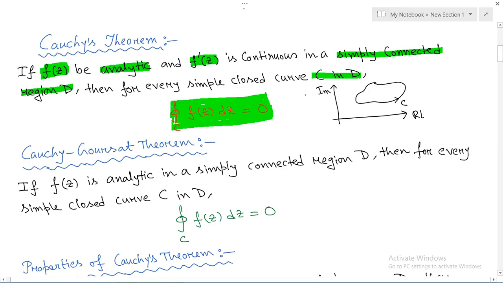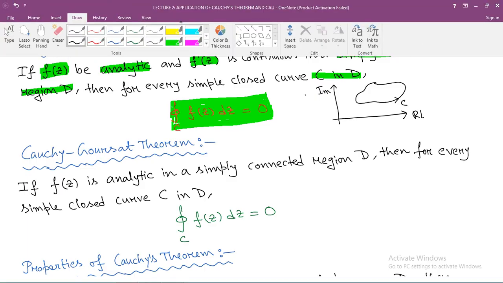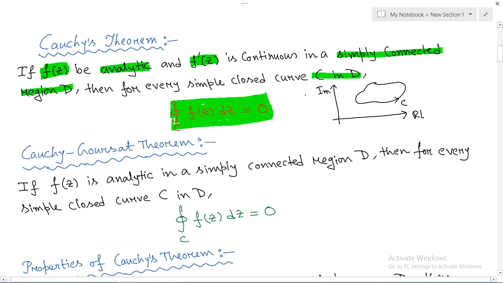In this region, the function f of z is analytic, and along with that the function f dash z is continuous within this region which is enclosed by the simple closed curve C. So the integration value of f z dz is going to be 0 over this curve.